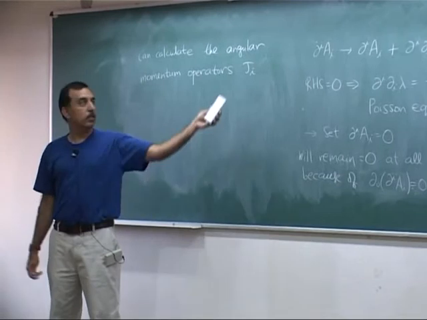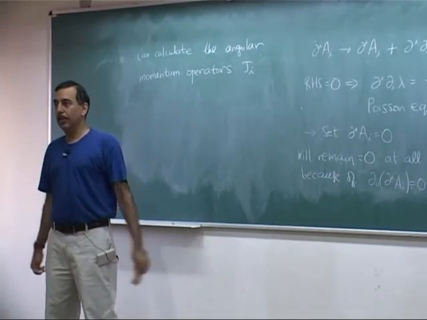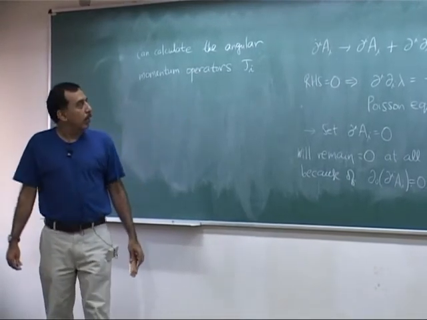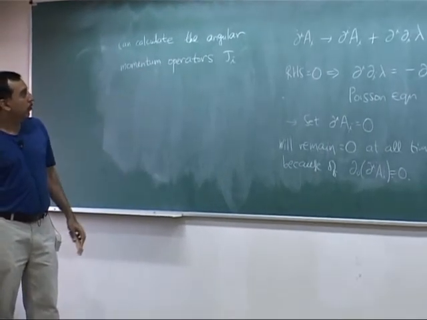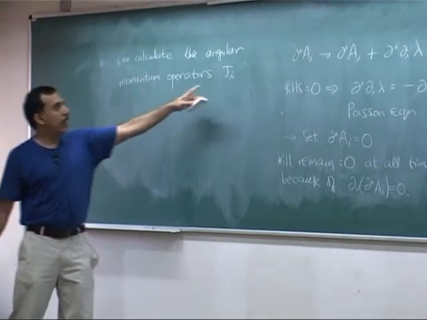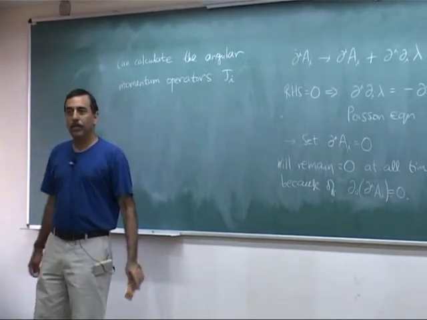From rotational invariance we get this, and yesterday Nemani explained to you Noether's theorem. So this is a side comment, so you don't have to go through it. But anyway, you can calculate these and then you can do the following.